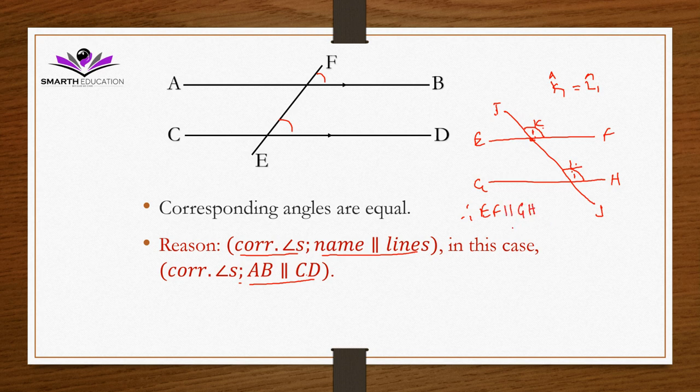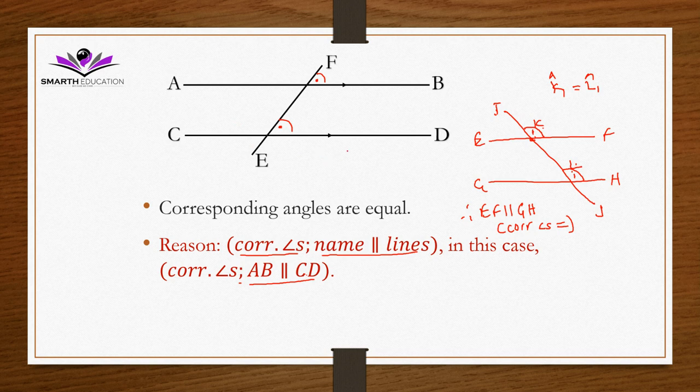And then the reason you write, now take note, the reasons are going to be different. We say the reason is corresponding angles equal. Here we just said corresponding angles since AB is parallel to CD. Here we're saying corresponding angles equal. Let me say this again, the two things. The first one, we are given parallel lines. So we're saying that this angle is equal to this angle since they are corresponding angles and line AB is parallel to line CD.